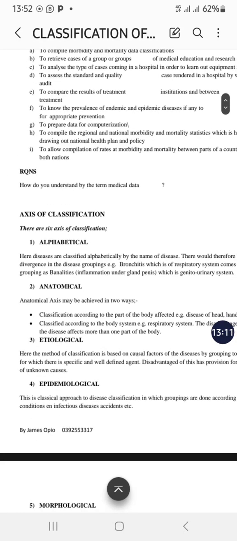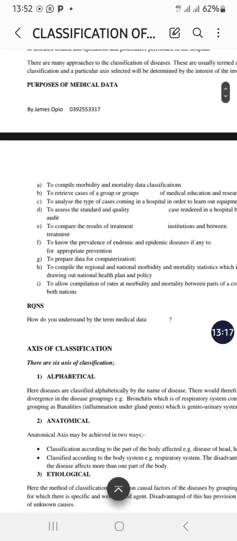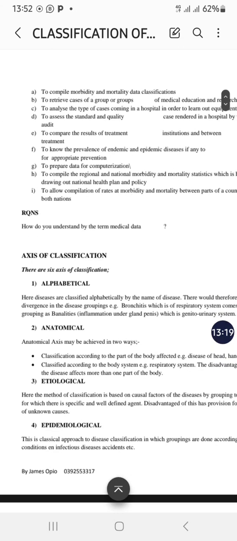So now there's a revision question: how do you understand the term medical data? You can add questions like what is ICD, what is International Classification of Disease. Another question can be what is the classification of diseases, and another would be to explain briefly the history or background of disease classification.